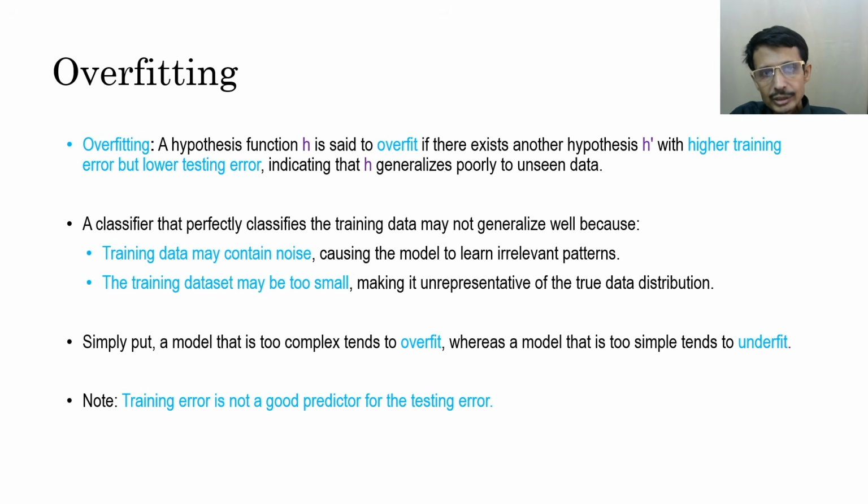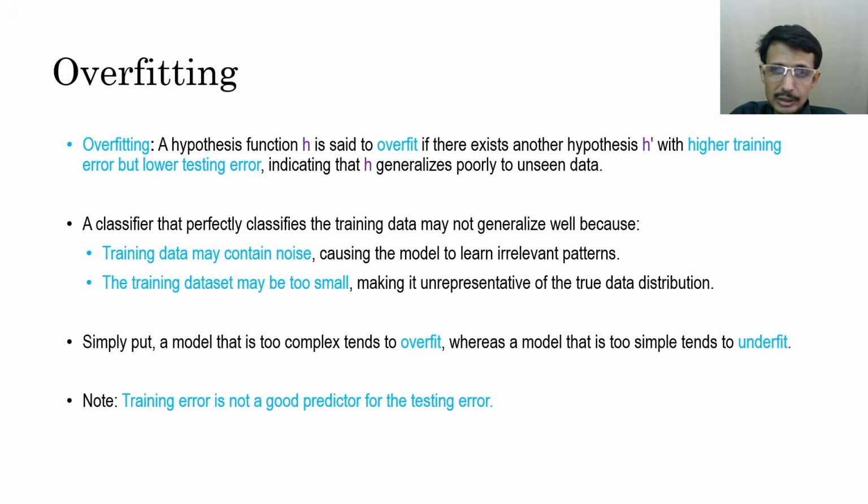Okay. So training data may contain noise, causing the model to learn irrelevant patterns. Now, the situation why this happens: sometimes training data may have some noise, and if our classifier is very keen on the training data, it generally learns this noise also.